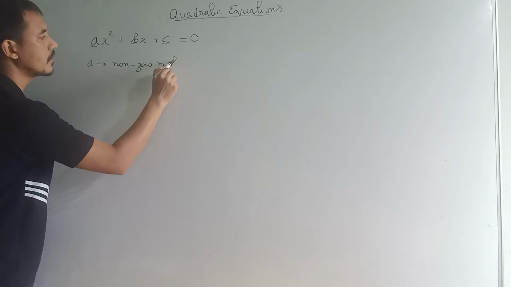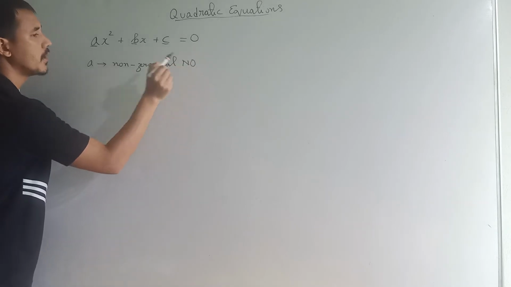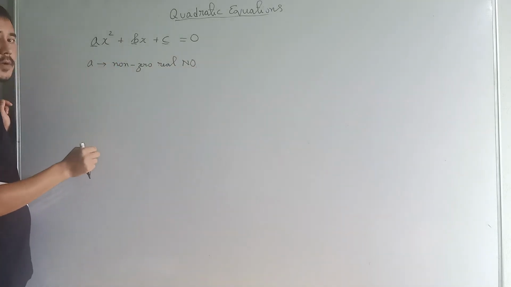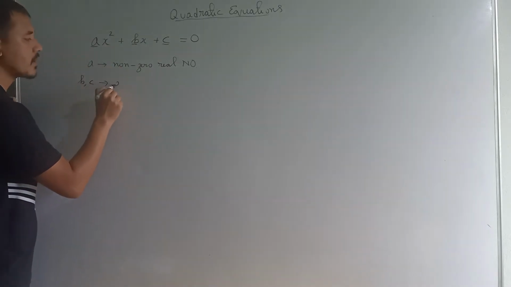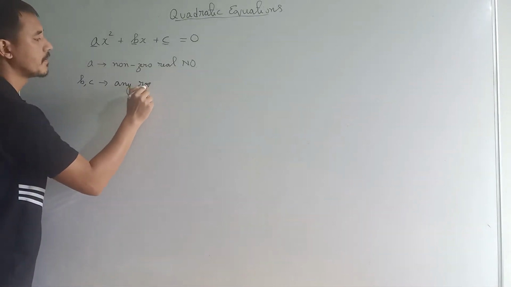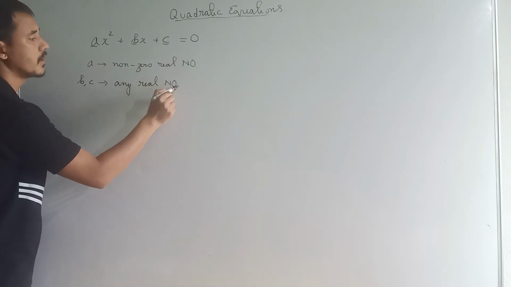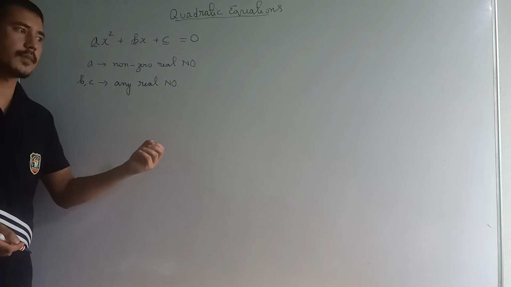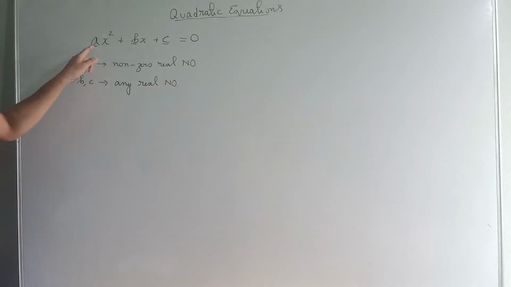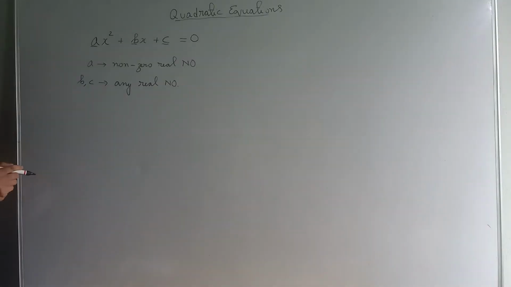Here your a is any non-zero real number, whereas b and c are any real number. Okay. A should be a non-zero real number and b and c can be any real number. Why a is a non-zero real number?